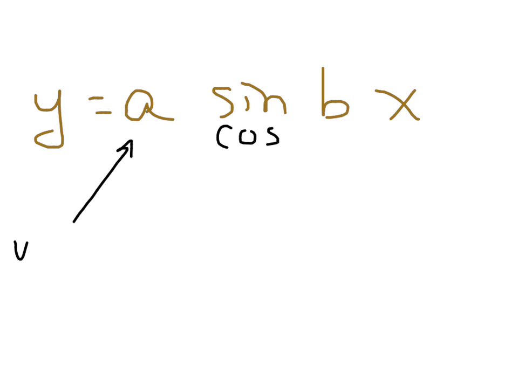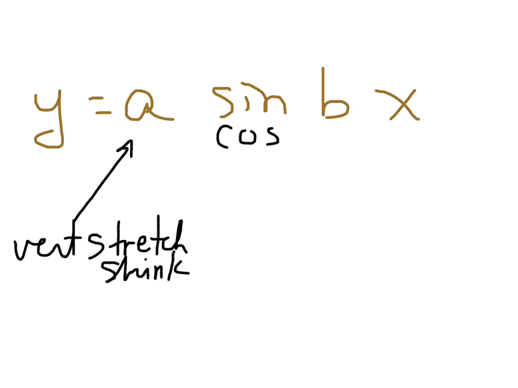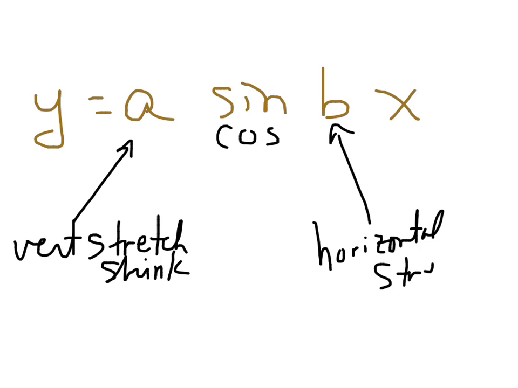The A is a vertical stretch or shrink, and the B is horizontal stretch or shrink. Now, I'm not going to go through that too much because how many times have we done horizontal stretch or shrink, vertical stretch or shrink? Too many times to even know.